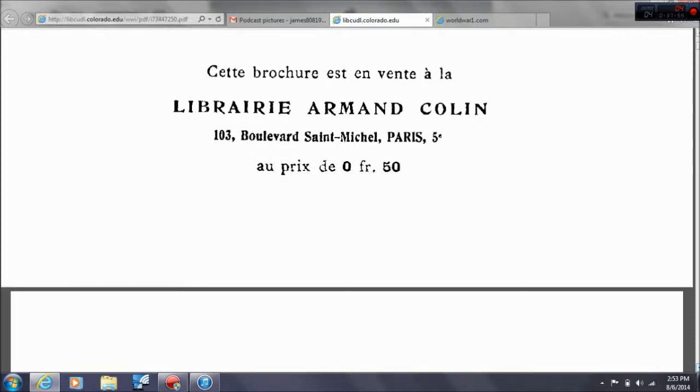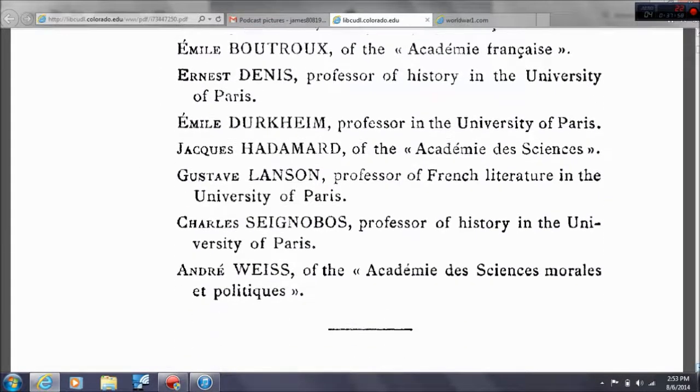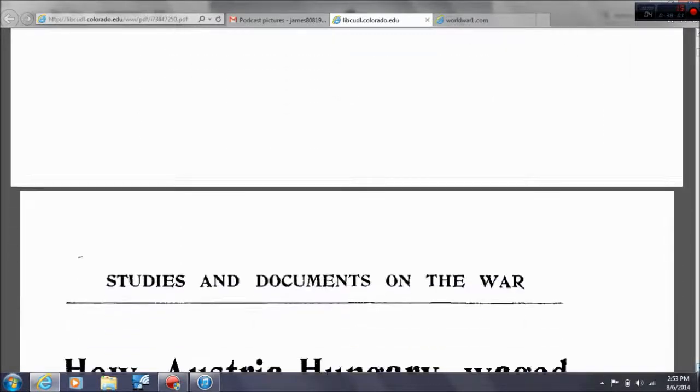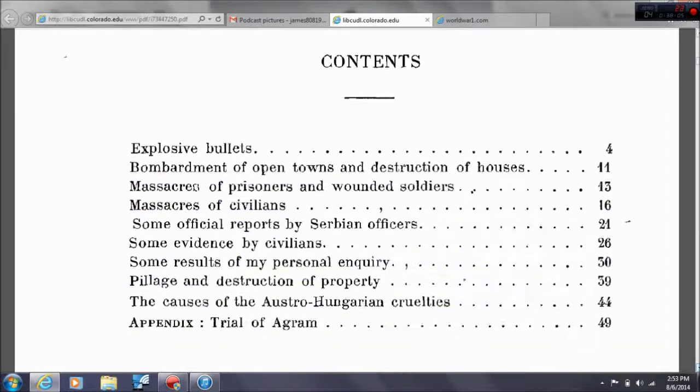This is the person who translated it, listing a bunch of people. Here's the actual report, table of contents.